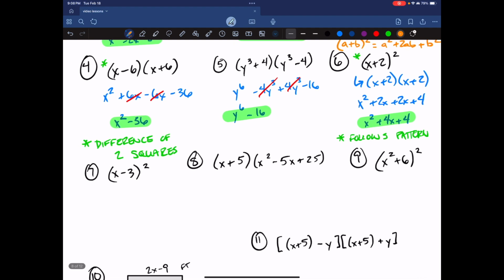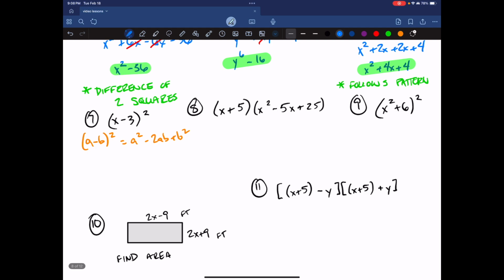And then 7 is the other version of that, where you have a minus b all squared. And all that changes is your first sign. Because you're squaring that last term, your last term is always going to be positive. So this is going to be a squared minus 2ab plus b squared. So let's talk through it for a second.